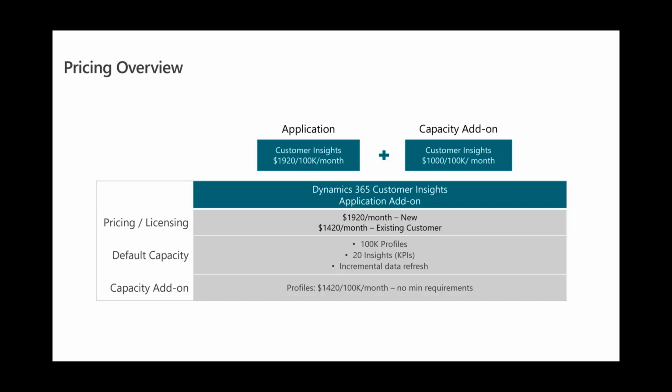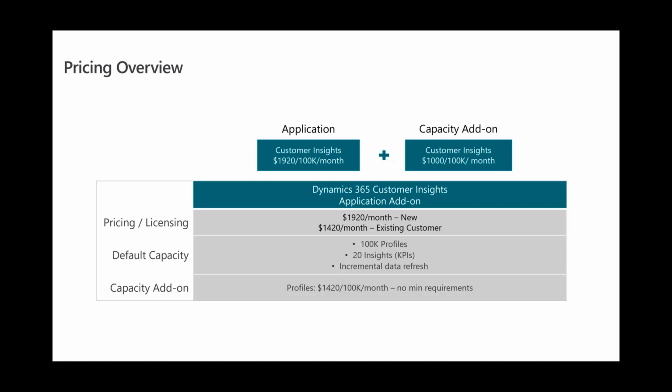So we understand now better some of the benefits that are available with the solution. So from a software perspective, the base pricing, as you can see, is $1,920 per month. This is all Canadian, and that's for 100,000 contacts or customers mapped.